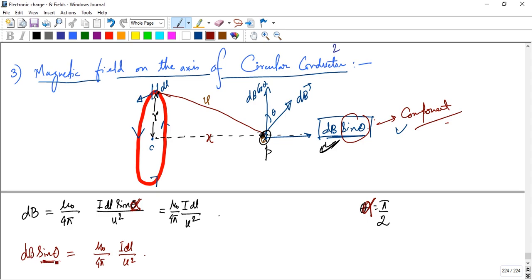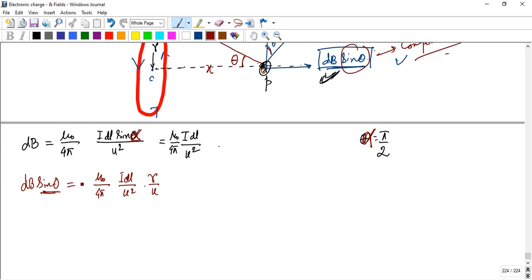And these are the components, that is sin theta, and you see the angle is theta. Mathematically these two angles are the same, so sin theta equals perpendicular by hypotenuse, that is r by u. This sin theta is replaced by r by u.